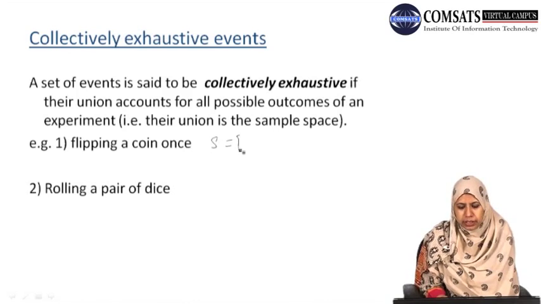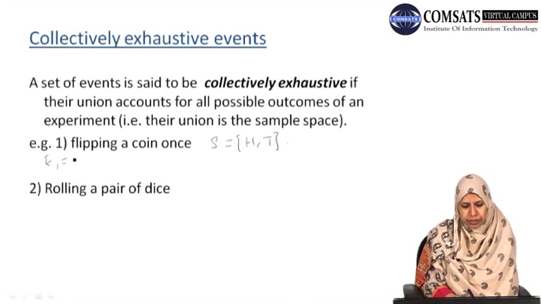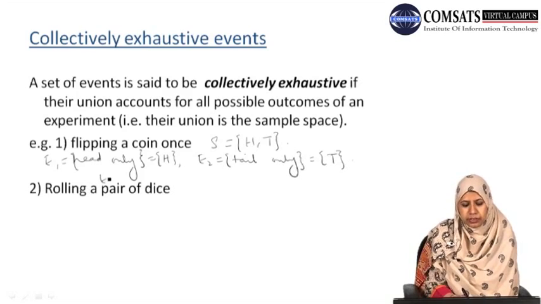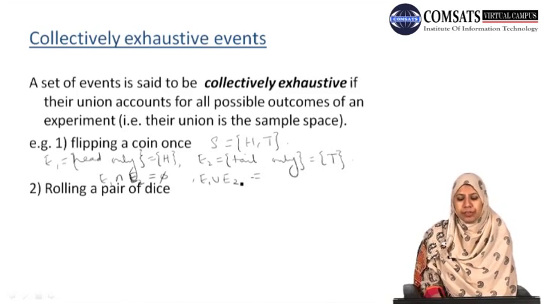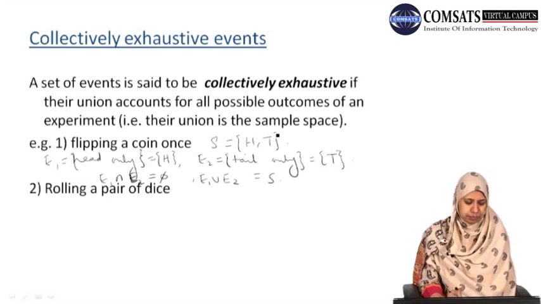Then our sample space contains two elements, head and tail, and our first event E1 is defined as head only, which is the outcome H, and the event E2 is defined as tail only, which is the outcome T. Then these two events are mutually exclusive because they have nothing in common, but at the same time they are also collectively exhaustive because their union gives us the whole sample space S.